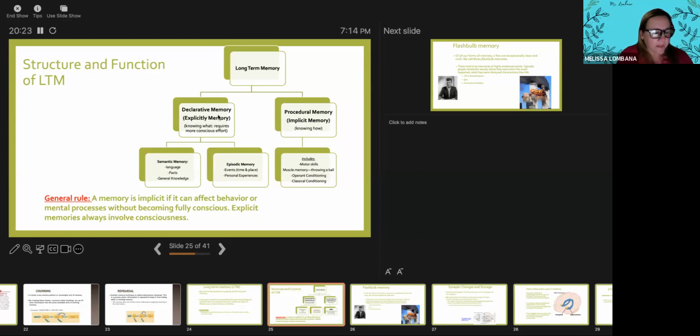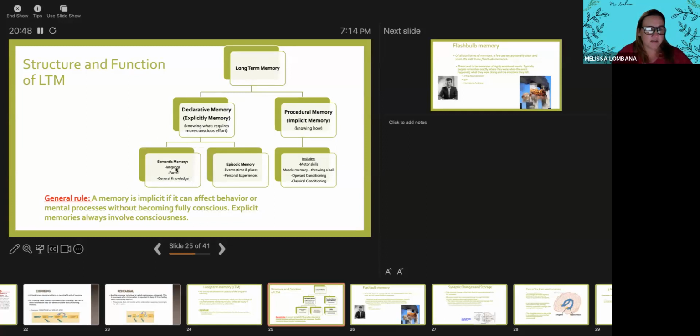We have to do this many times, in an effortful processing. We need to pay attention, we need to consciously make an effort to store this information into our long-term memory. And then it's divided into two types of explicit memory.